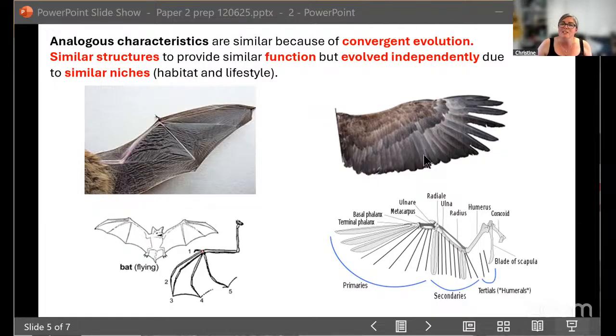So the function is to fly. So therefore they have a similar function, but you look at the different structures. So we've got the membranes here, which are attaching the digits, whereas here you've got your feathers, which are attached to different structures. So homologous for divergent, analogous for convergent, absolutely.